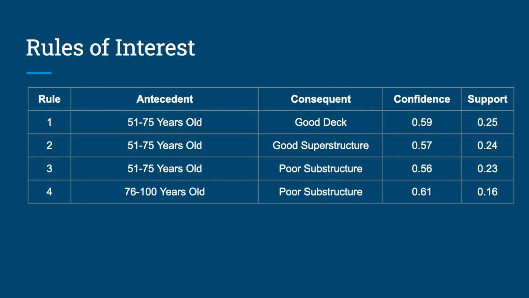And 60% of bridges 76 to 100 years old also had poor substructures. So again, this is pointing in a direction towards substructures being an issue.